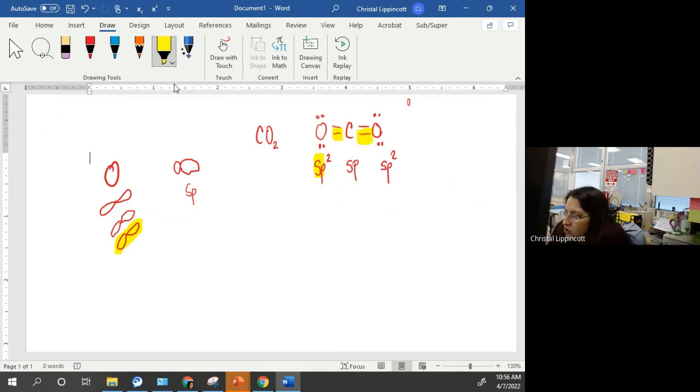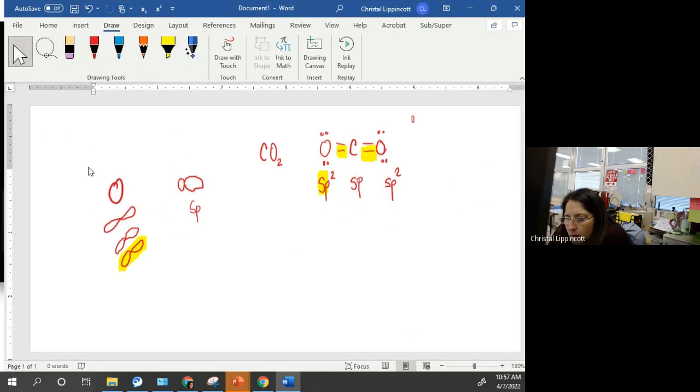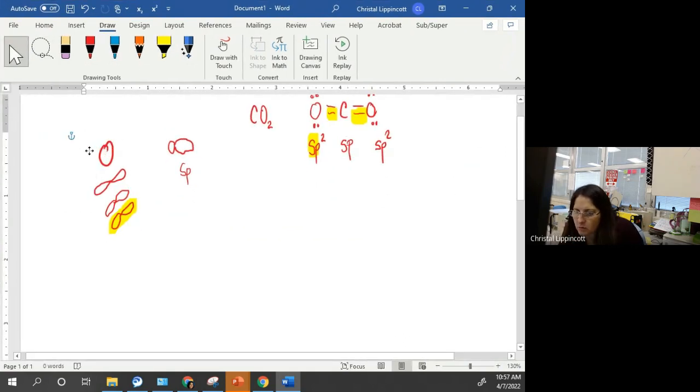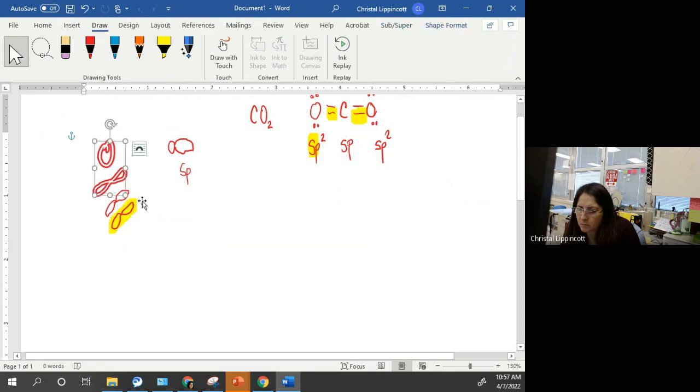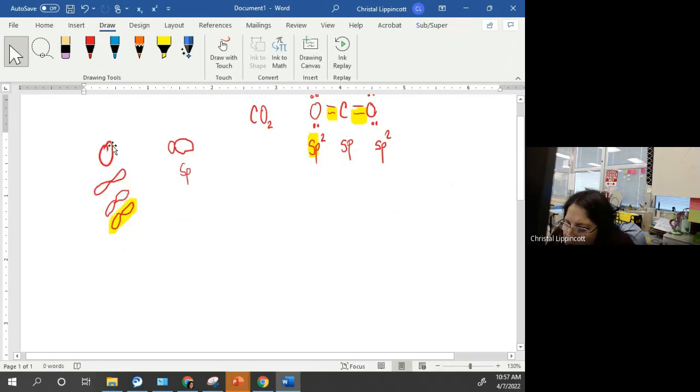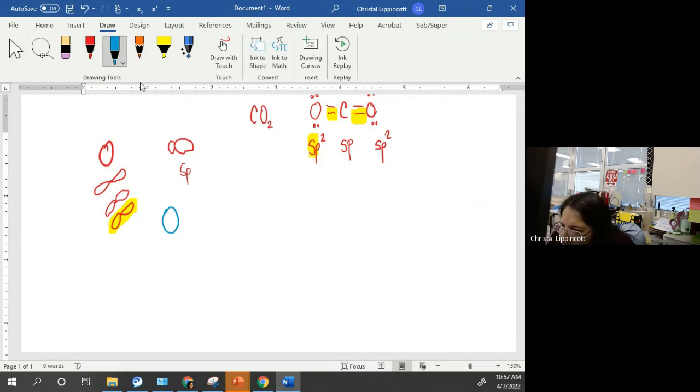So for the oxygen, we end up having this. For both the oxygens, it's going to look like this. For the carbon, it's going to have a p orbital here, and then a p orbital here and here.